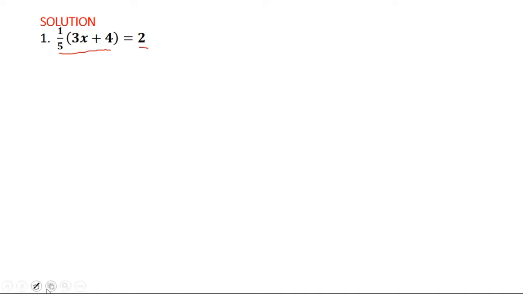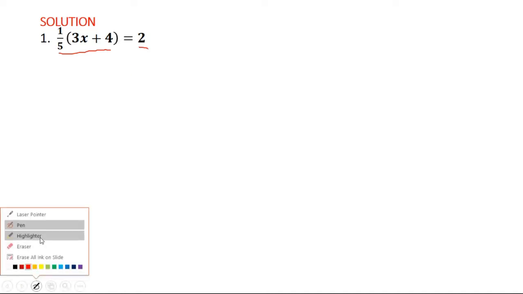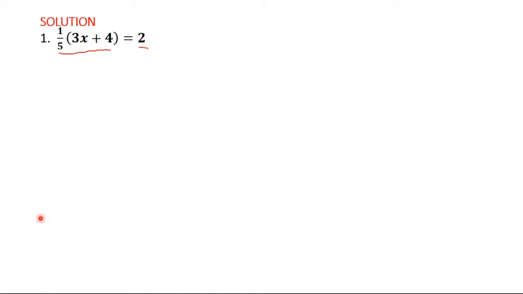So what you do is that you multiply each term by the LCM that we found. The LCM we found was 5. So you multiply the whole thing here by 5 and you multiply 2 by also 5. So 5 times everything here, which is one term, 1 over 5 into bracket 3x plus 4, is equal to 5 times the term we have here, so 2 times 5.